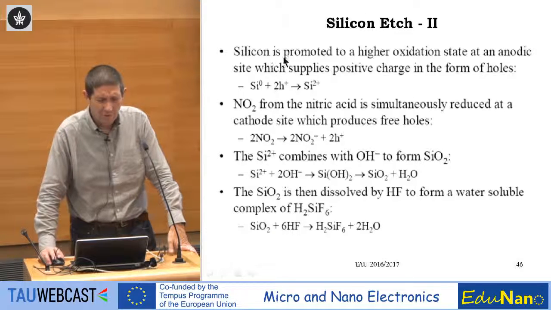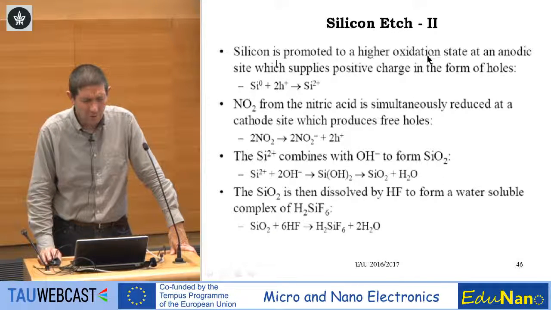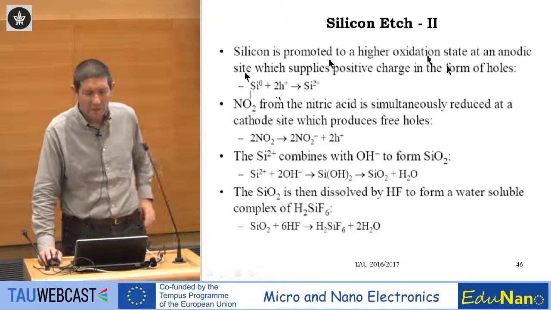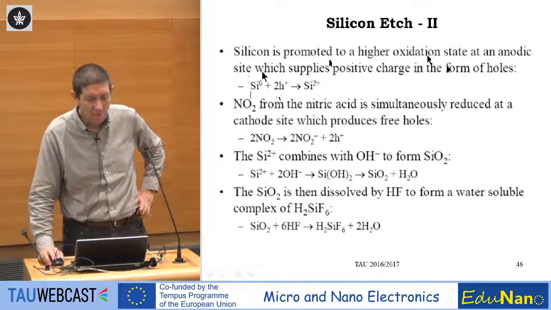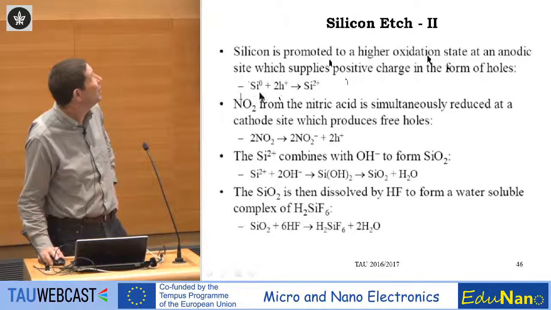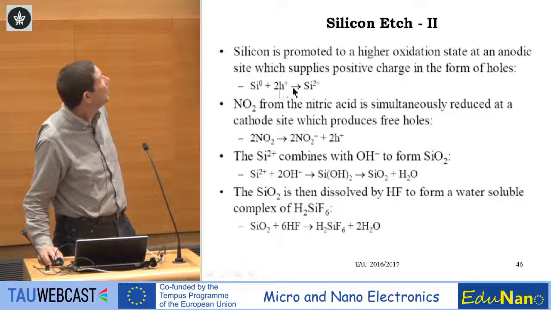So silicon etch. Silicon is promoted to a higher oxidation state as an anodic site, which supplies positive charge in the form of holes. So you have silicon 0, and it takes 2 holes to make silicon 2 plus.